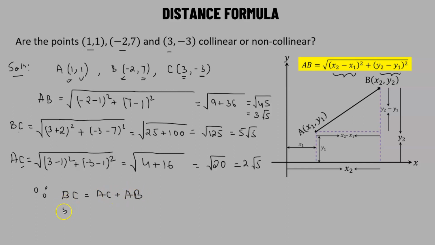That's 5 square root of 5 equals AC, which we obtained as 2 times square root of 5, plus AB, which is 3 times square root of 5. When this criterion is met, we can clearly say that points A, B, and C must be collinear. That means they must lie on the same line. Therefore, these 3 points are collinear.